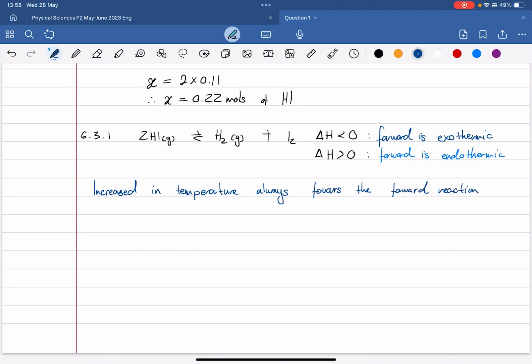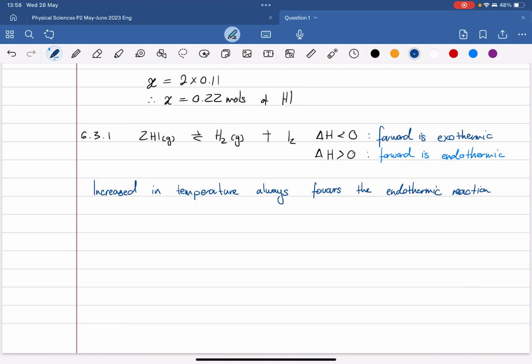Sorry, not the forward reaction, pardon me. It always favors the endothermic reaction. Pardon me there.